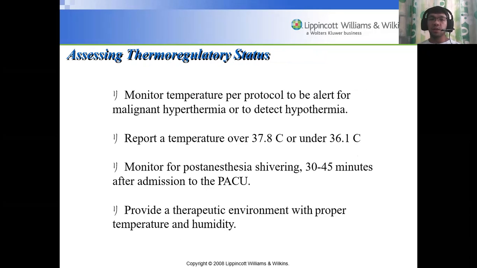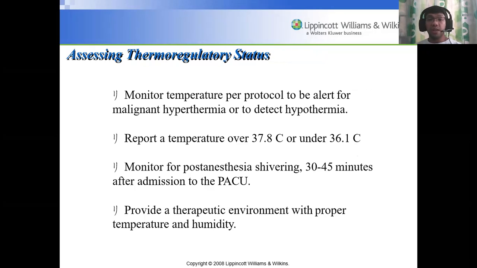We also need to assess the thermoregulatory status of the patient. Monitor the temperature per protocol to be alert for malignant hyperthermia or to detect hypothermia, which can be complications of anesthesia, and report a temperature over 37.8 degrees Celsius or under 36.1 degrees Celsius.